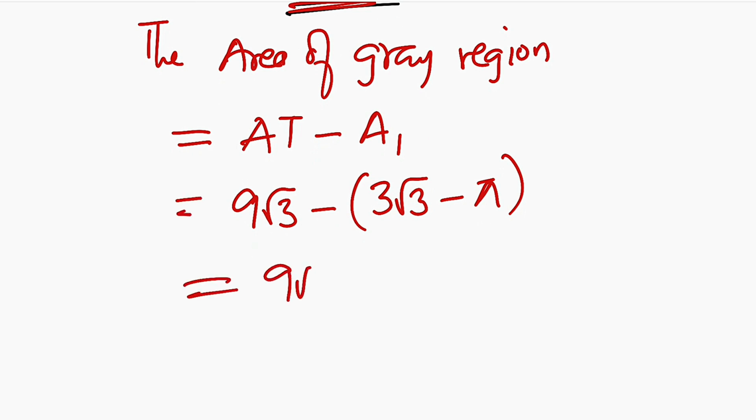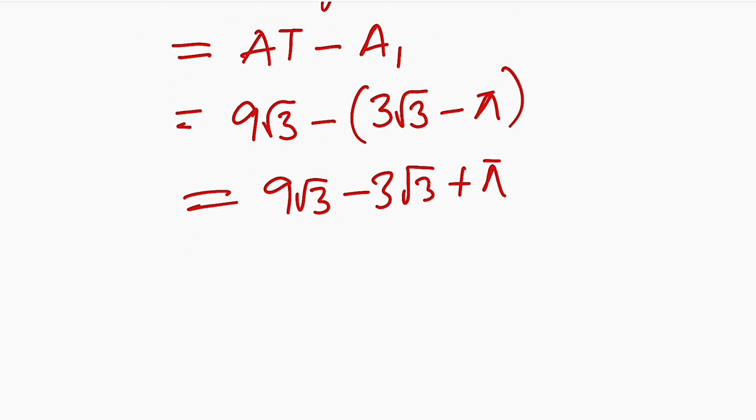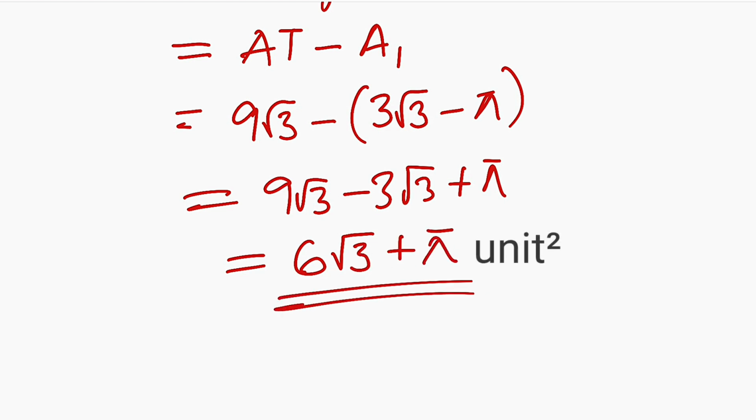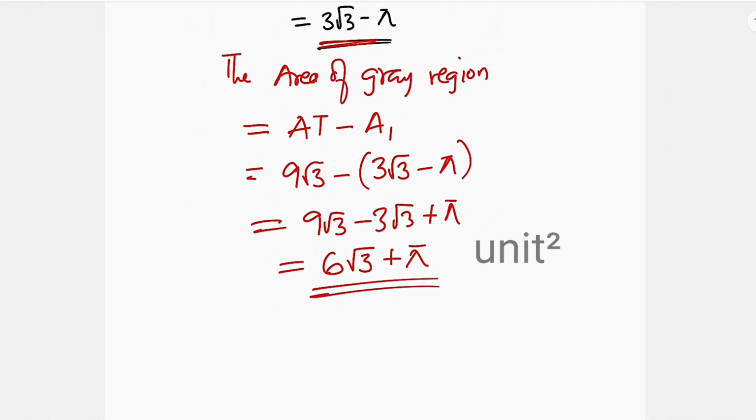And this is 9 root 3 minus 3 root 3 plus pi. 9 root 3 minus 3 root 3 is 6 root 3. So we have 6 root 3 plus pi. And this is said to be the area of the gray region. And this is all I have for you today.